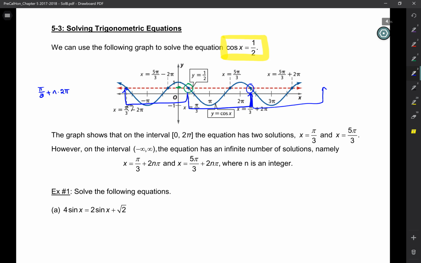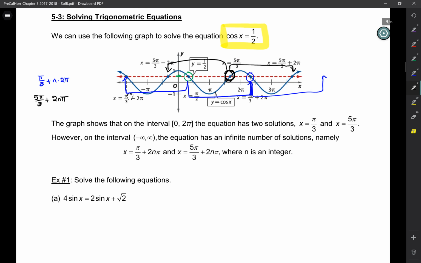Now, another area where that happens is 5 pi over 3, right? And from 5 pi over 3, if I go 2 pi, I have another one. If I go 2 pi this way, I have another one. So it's 5 pi over 3 plus n times 2 pi, and we write it cleaner as 2n pi. All right? So what did we do?